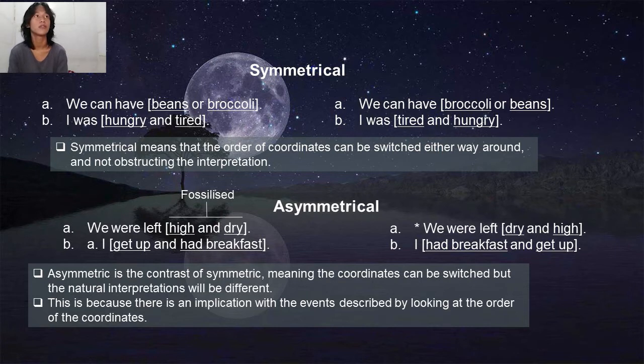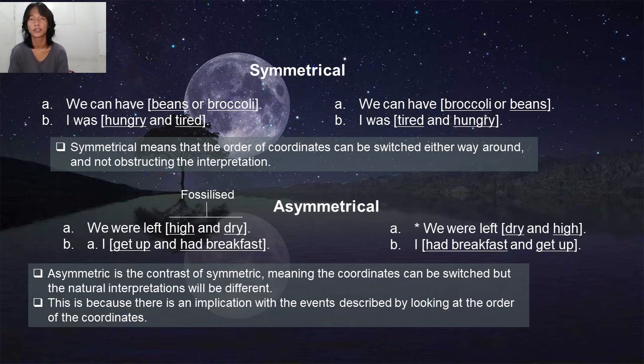Let's say another example like I have book and pen. You can switch it to one another. I have pen and book. It's the same. So it is symmetrical. It's like that. And asymmetrical. So see the first example. We were left high and dry.